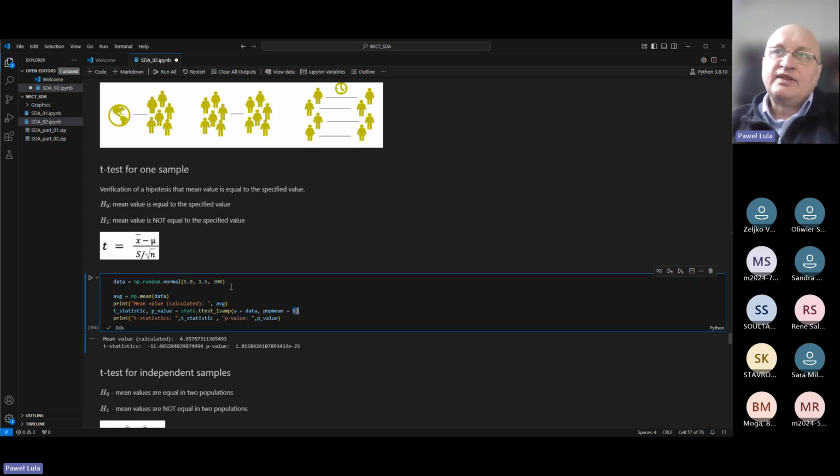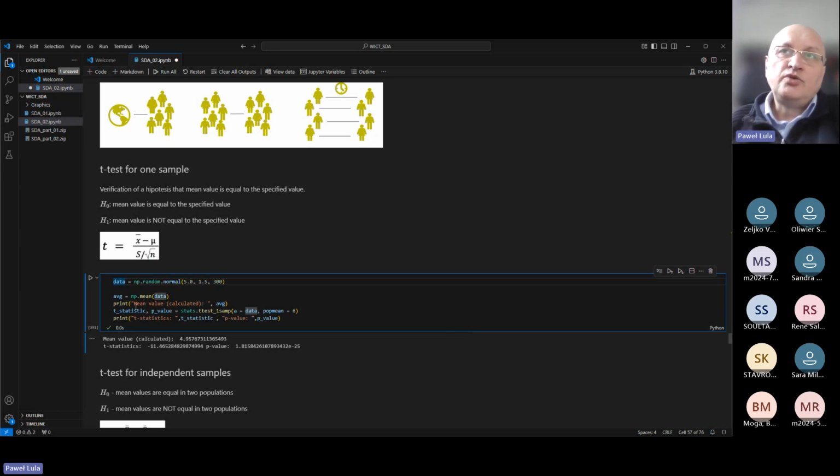So I selected randomly data from the whole population. In our example, instead of selecting randomly data, I generated it, but of course, in a real situation, this data should be selected randomly from the whole population.